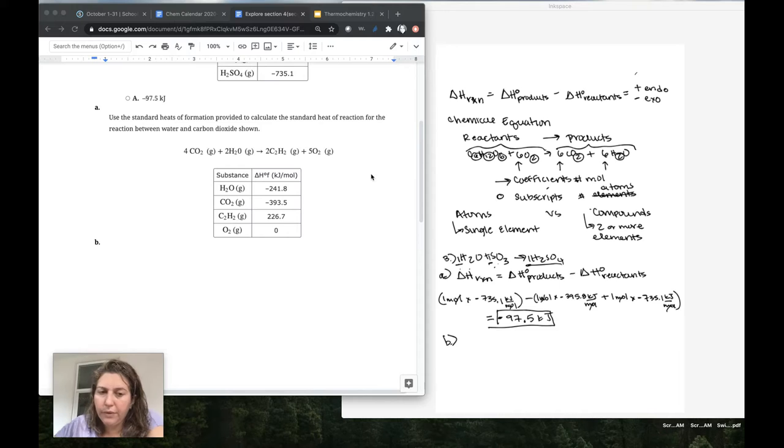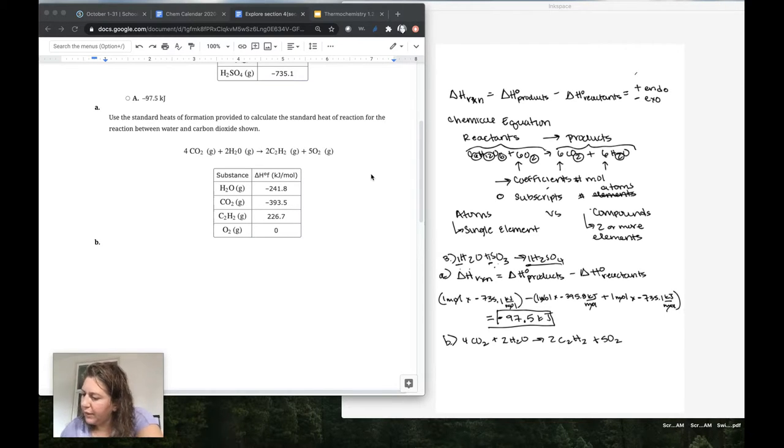So we have our 4 CO2. So that again is a coefficient. 4 is our coefficient. Plus 2 H2O yields 2 C2H2 plus 5 O2. Okay.